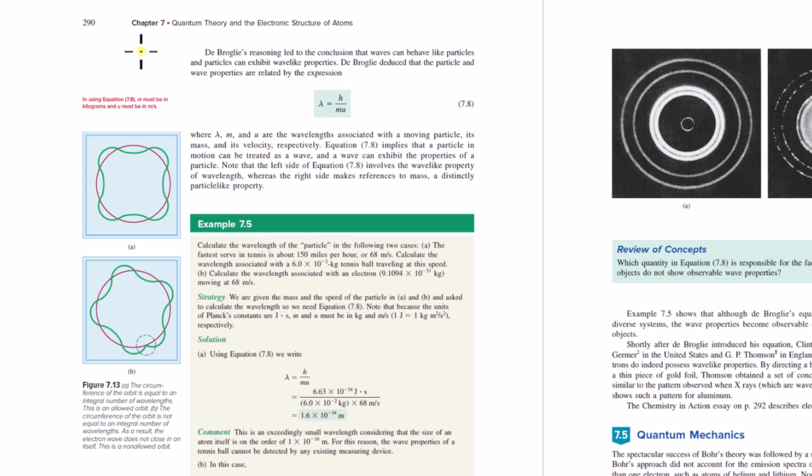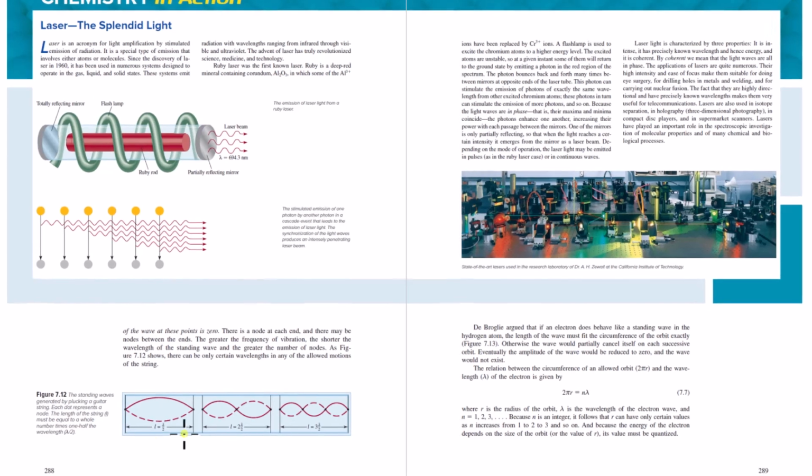One kind of wave is a standing wave. That's a special kind of wave. If you have something like a string that's fixed at the ends, the wave just bounces back and forth off the ends, like shown here.